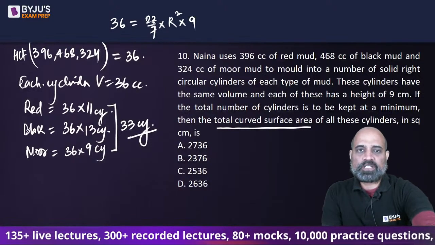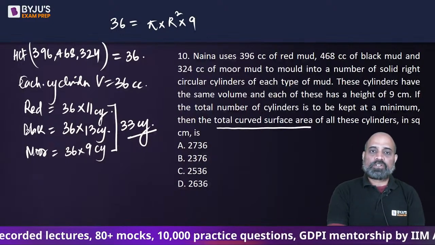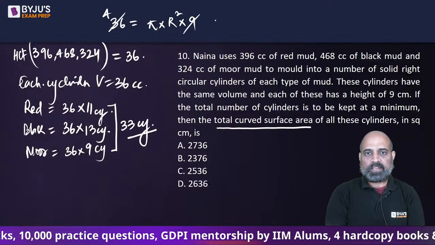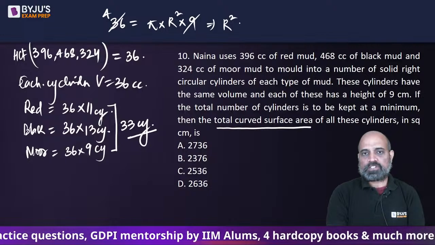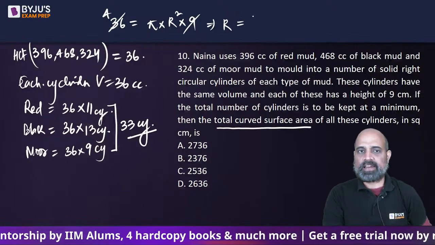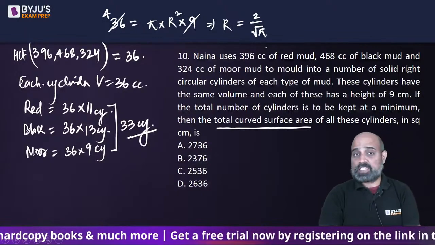So I'll remove this and write this as pi only. So this becomes 4, and we will have r as 2 by under root pi. So this is the radius of each cylinder.